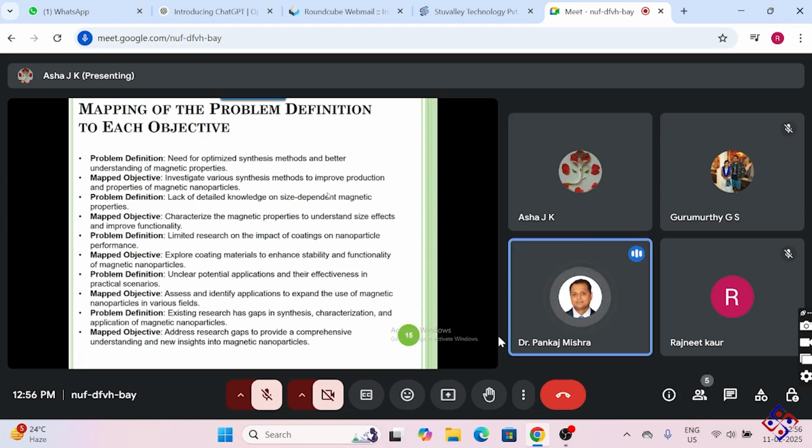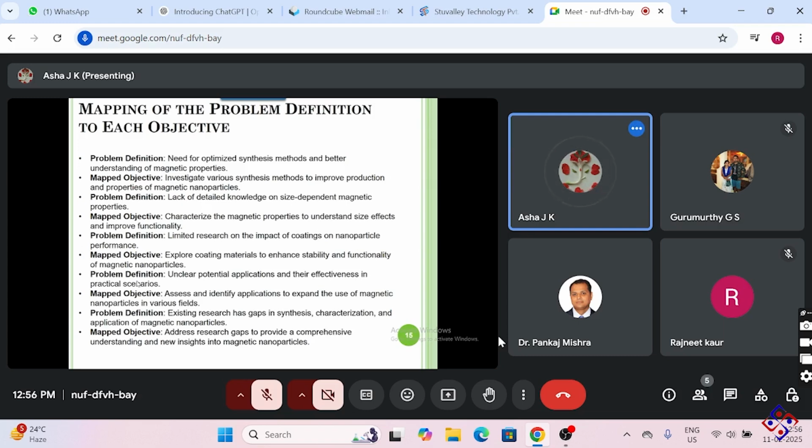Which particular material are you using? Which particular nanoparticle? All belong to the ferrous group. So which particular ferrous one have you used? As you mentioned, the hexaferrite. That is in your title, hexaferrite.